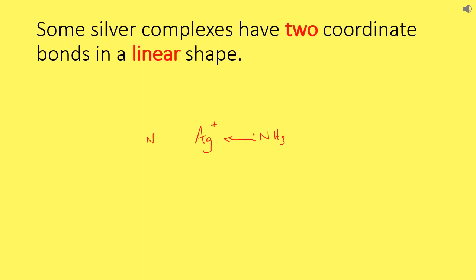That happens with 2 ammonia molecules, and the lone pair on this nitrogen forms another one, and so as you can see, a linear shape with this bond angle being 180 degrees. Okay, so 2 coordinate bonds, linear.